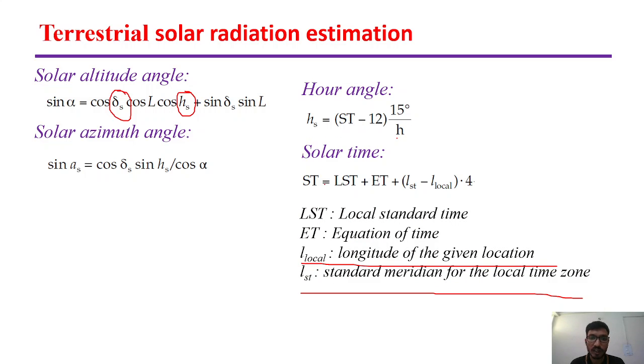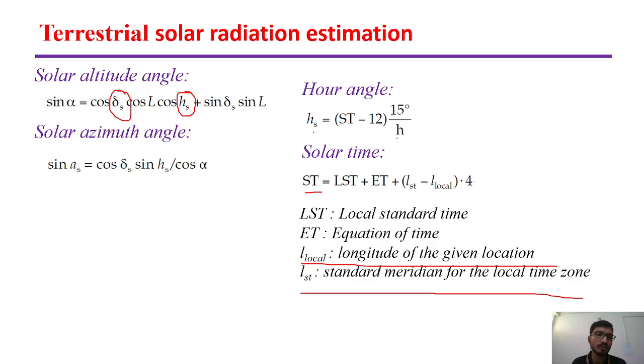Solar time can be calculated based on the LST and ET. ET is the equation of time, L is the longitude of the given location, and LST is the standard meridian for the local time zone. So based on this, first we have to calculate the ST, and then we will be able to calculate the hour angle.